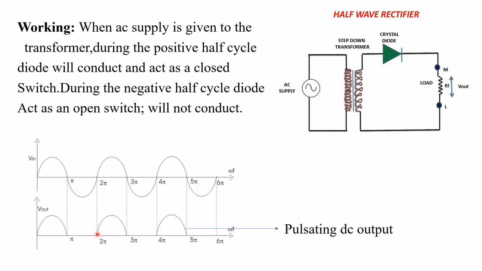Then during the next positive half cycle, the output will be like this. These output waveforms are normally known as pulsating DC output. This is the input waveform and this is the output waveform of the half wave rectifier. It is a pulsating DC output, not a clear straight line.